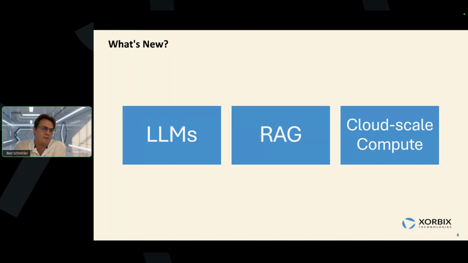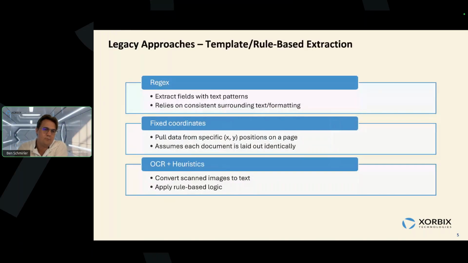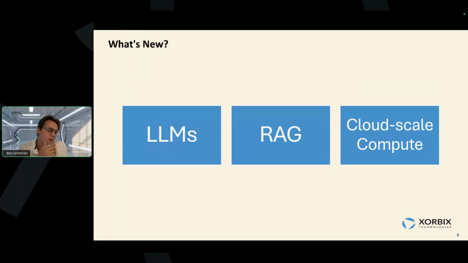So instead of doing the regex or the fixed coordinate processing, we can use a RAG that lets us ground that reasoning in the actual document instead of hoping the model remembers something relevant, like the XY coordinates in a document.